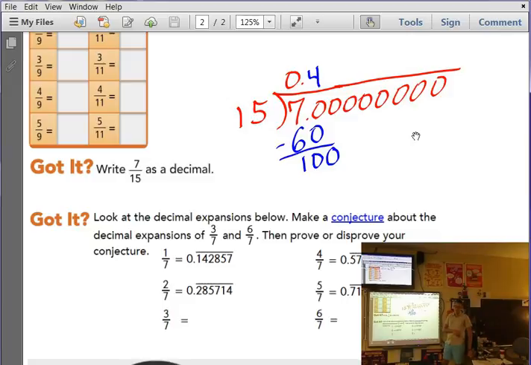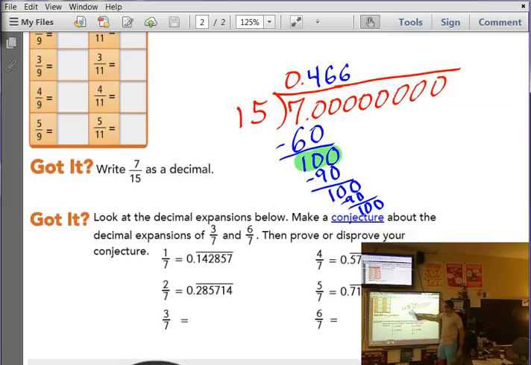70 minus 60 leaves 10, and then 100. Now 15 fits in 100 6 times. I get 100 again. That fits in 6 times. Because this 100 is spitting out 6s, and the 100 starts to repeat, I know that these 6s are going to repeat.